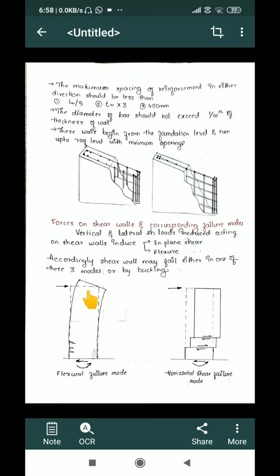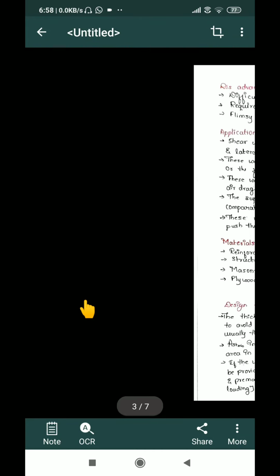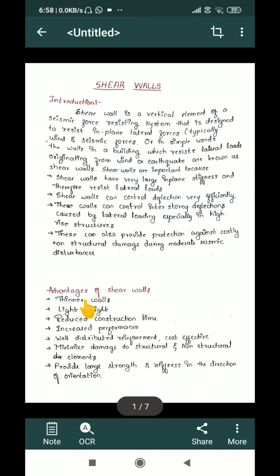Because of that, the glass window may break and non-structural damage can also happen. So shear walls can provide protection by reducing the deflections, hence costly non-structural damage can be reduced.